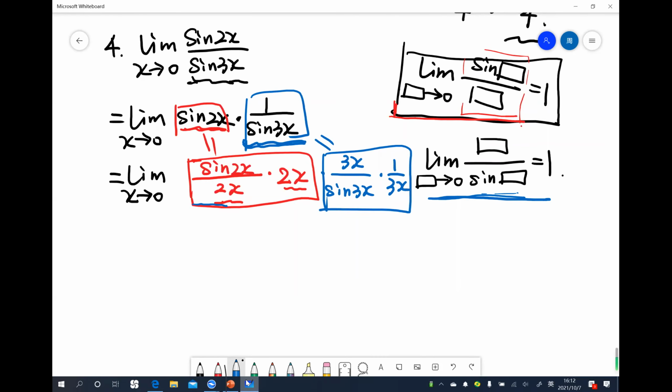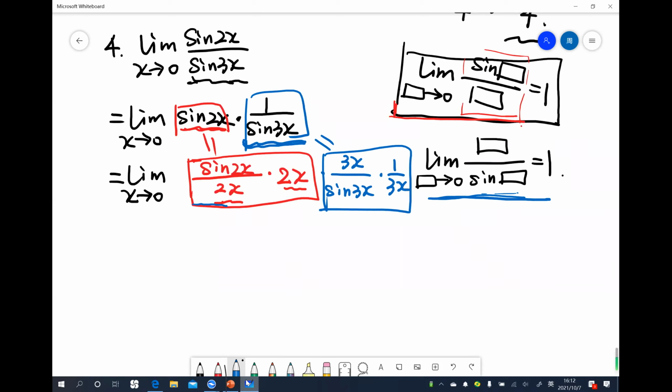These two parts are the same, right? Because 3x can be cancelled. Right, guys?